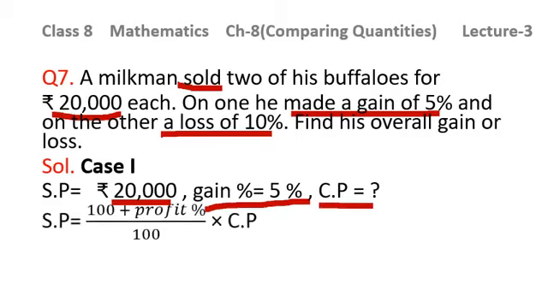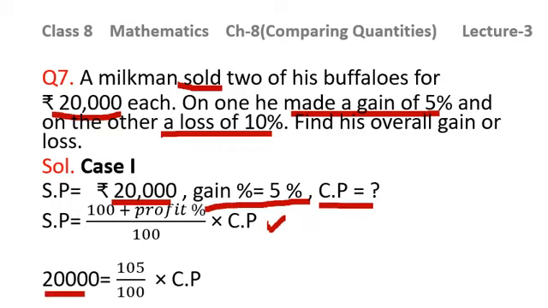Here I have used the formula which I told you, you can do it another way also. In terms of SP, the formula is 100 plus profit percent over 100 into CP. This is the formula in case of SP. I have put the values, that is SP is given as 20,000.